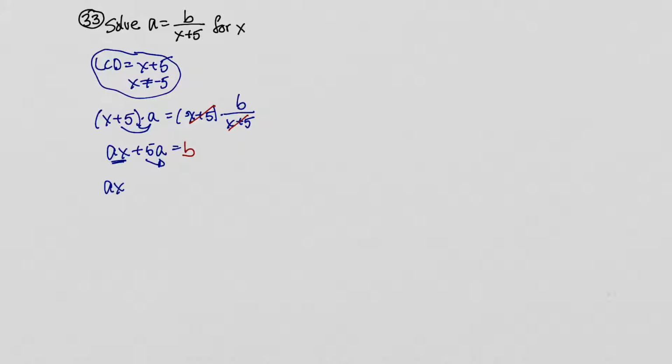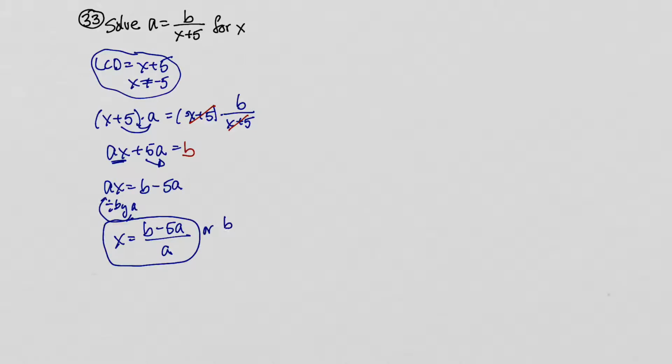So we'll get ax equals b minus 5a, and now let's divide by that a right there. So that'll give us x equals b minus 5a all over a. Now if you did this slightly differently, you could have gotten this, b over a minus 5. Both of these are equivalent.